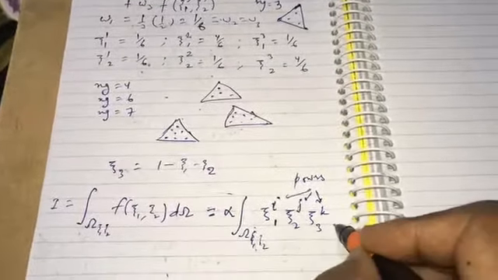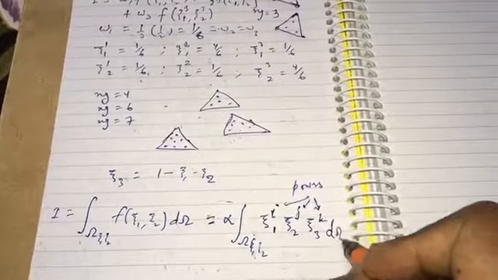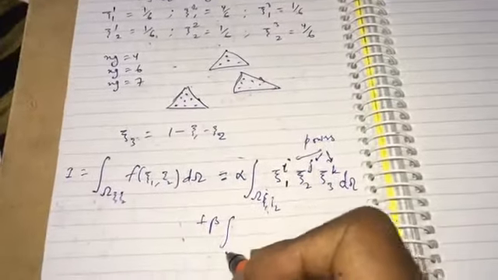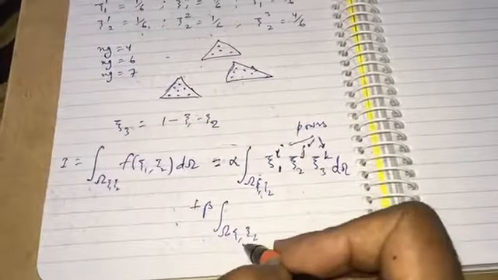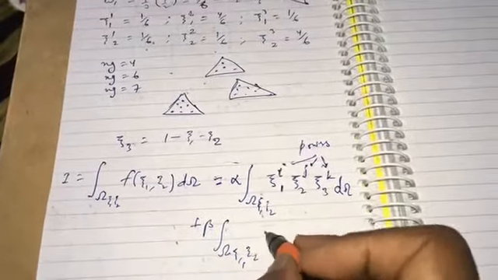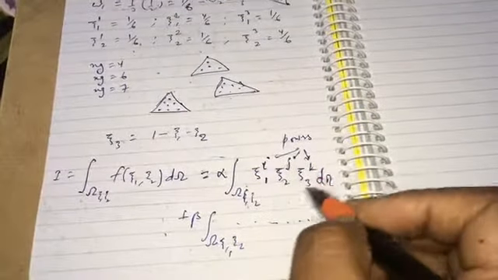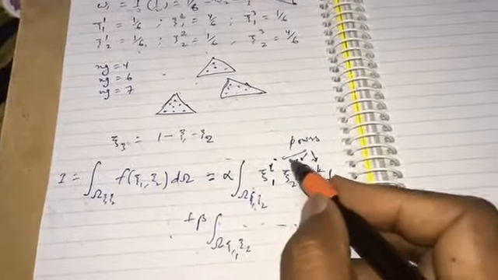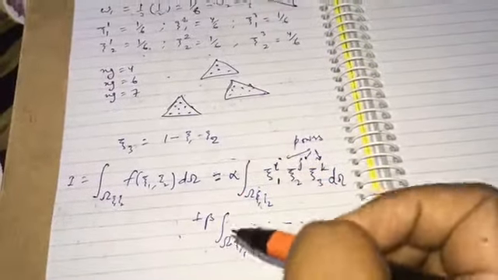So this integrated over d omega, plus there will be a beta which is also similar, written like this one only in terms of powers. If we can expand this to something like this one, then we can find out the integration I just by using some formula.